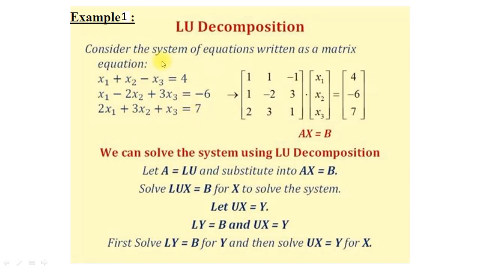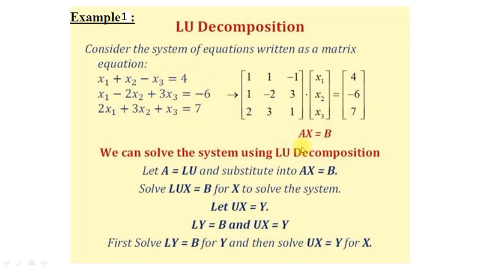So first of all, write this system in matrix form. This is matrix A, which contains the coefficients of the variables: 1, 1, -1, 1, -2, 3, 2, 3, and 1. And this is the variable matrix, and this is the constant matrix. These constants lie at the right hand side of the system.